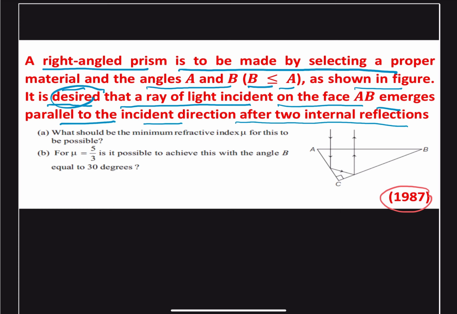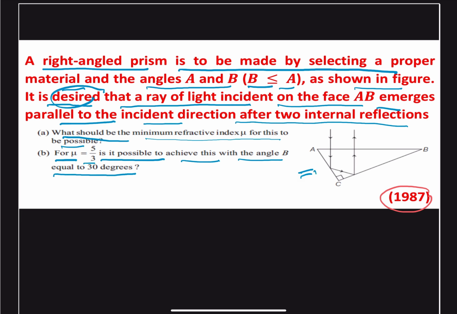There are two questions that were asked in it. The first one states: what should be the minimum refractive index mu for this to be possible? And part B states: for mu equal to 5/3, is it possible to achieve this with the angle B equal to 30 degrees?